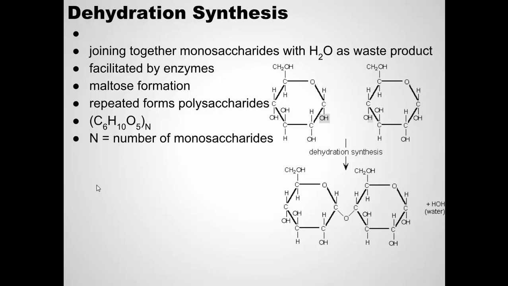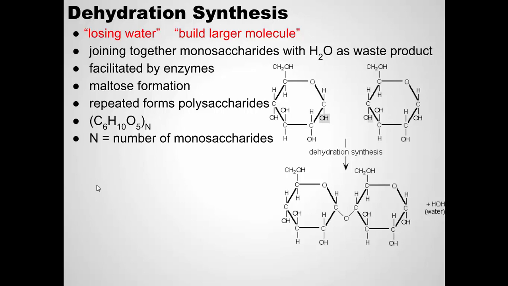Photosynthesis, light is used to make something. It means making something. It means building up a large molecule from smaller molecules. And so this is how these monomers, these monosaccharides, get linked together to form disaccharides, and get linked together to form polysaccharides through this chemical process called dehydration synthesis.